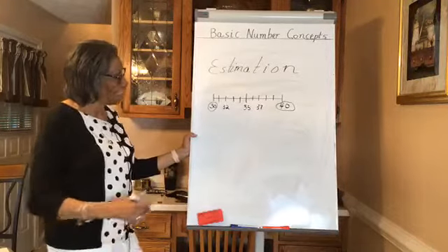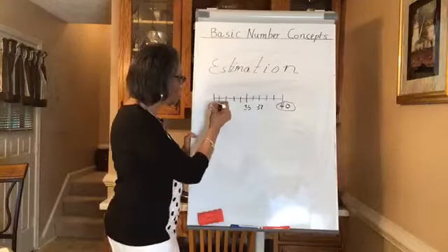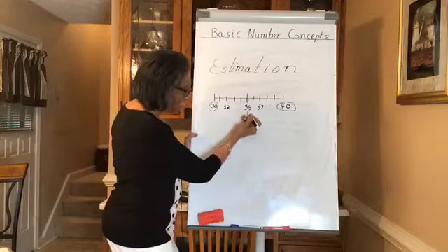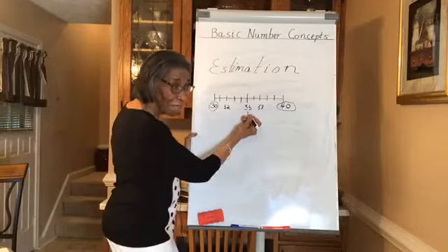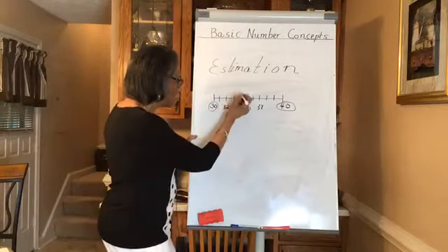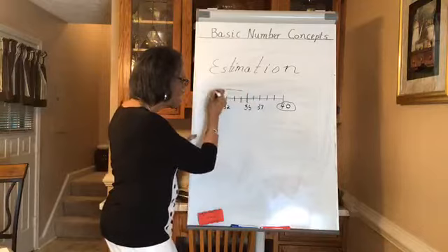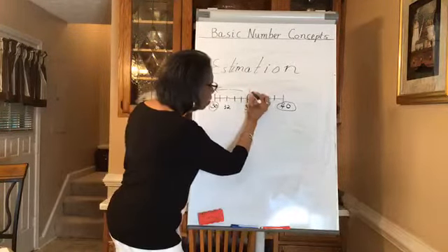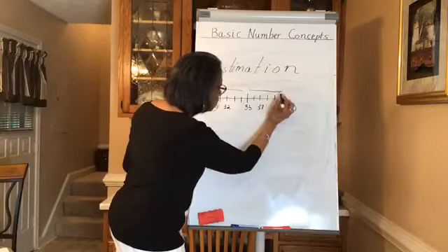All right? So we just found out that everything that's below the halfway mark is rounded down. And everything from the halfway mark up is rounded up.